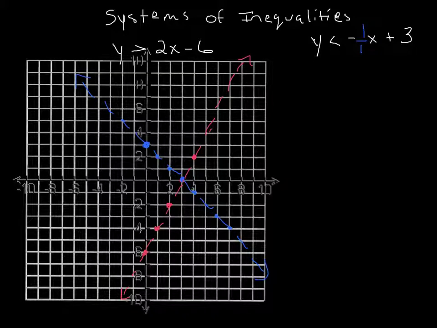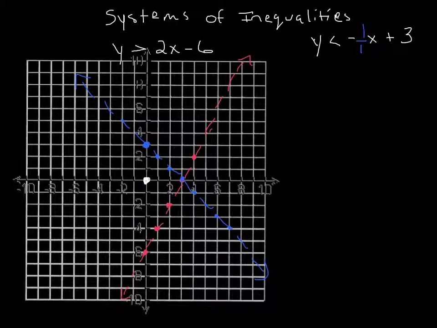All right, now here is the next part. What you're going to want to do is pick a point. So I'm going to pick the point 0, 0, and that's right there. And what you're going to do is plug that 0, 0 into both of your equations and test it out. Okay, so our first one was y greater than 2x minus 6.